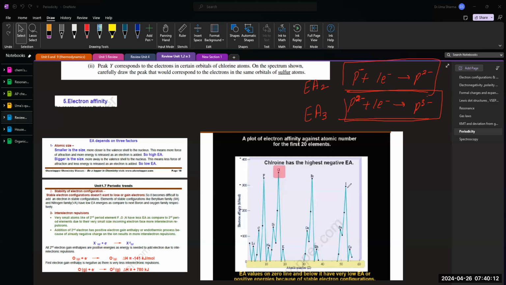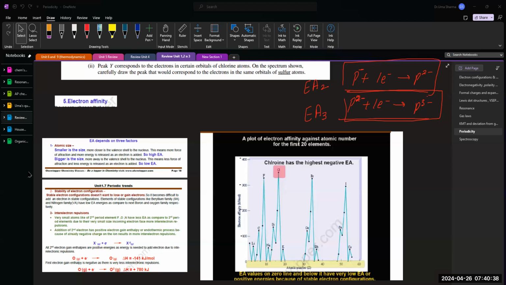I want you to use that word which I was telling you, memorize this word. Can you use that word? More inter-electron repulsion. Yes, Aditi, either you write more electron repulsion within the ion or more inter-electron repulsion. Very good. Perfect.